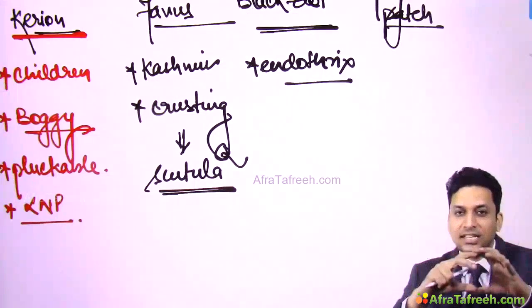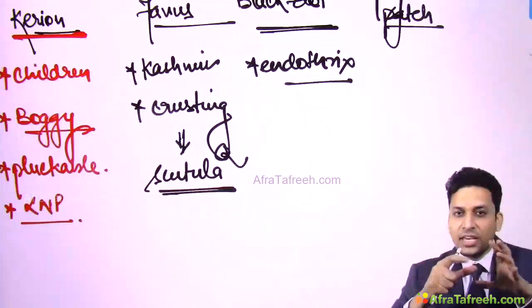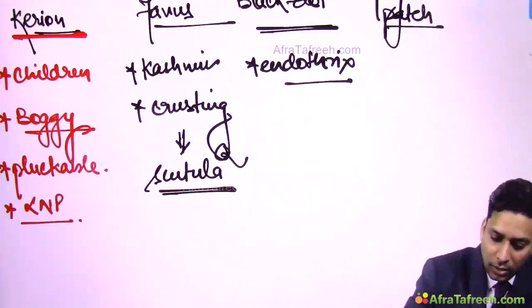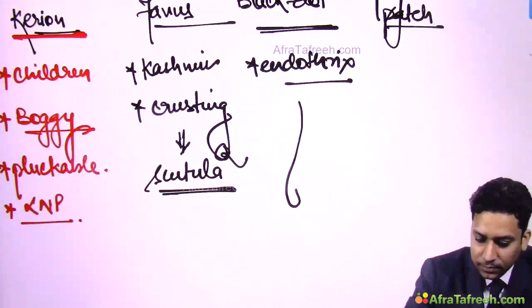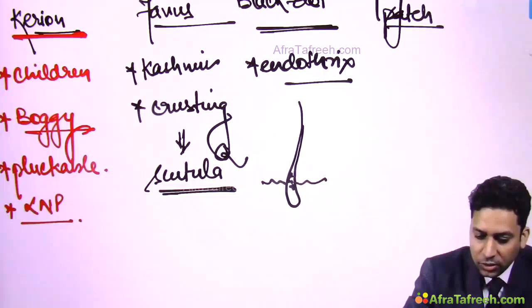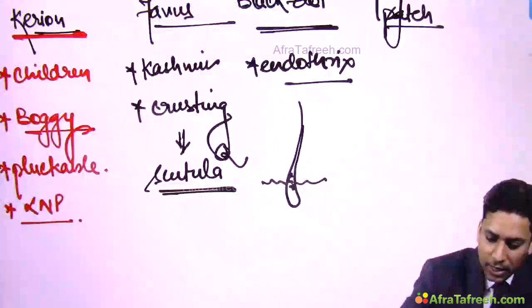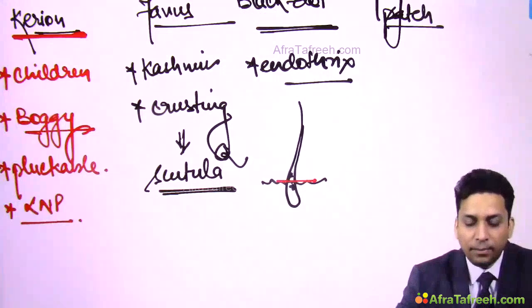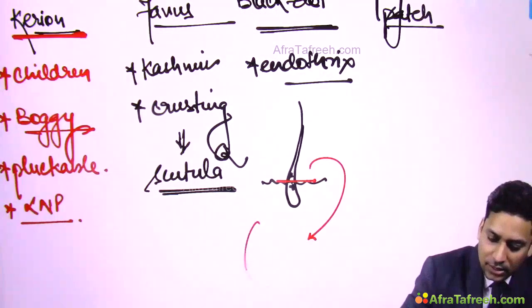When the spores are inside the hair follicle, it becomes very weak and starts breaking off. Let us consider this is the hair follicle, and due to the fungal infection, a lot of fungal infection is there. So this hair follicle becomes weak and it breaks just at the level of scalp. Let us consider that this is the scalp of the patient.